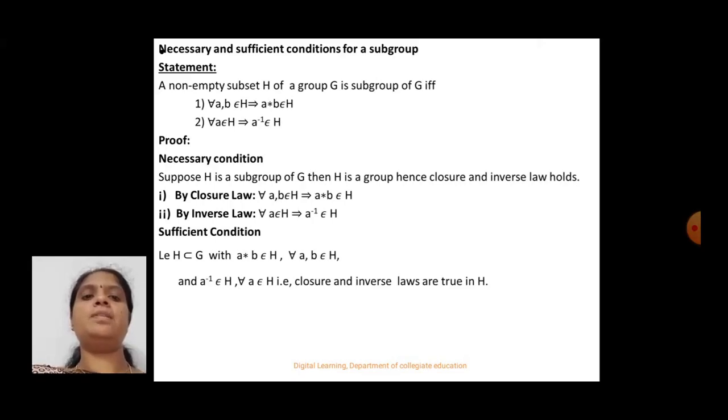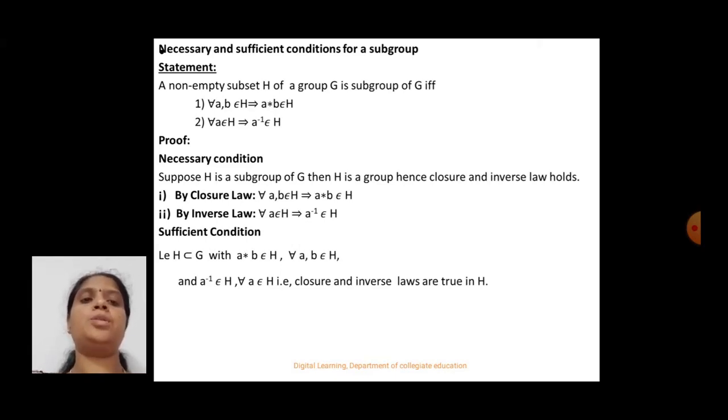Now the sufficient condition. Taking H, a subset of G, with a star b belonging to H for all a, b belonging to H, and a inverse belonging to H for all a belonging to H. Therefore the closure, that is a star b, and the inverse a inverse belonging to H are satisfied.